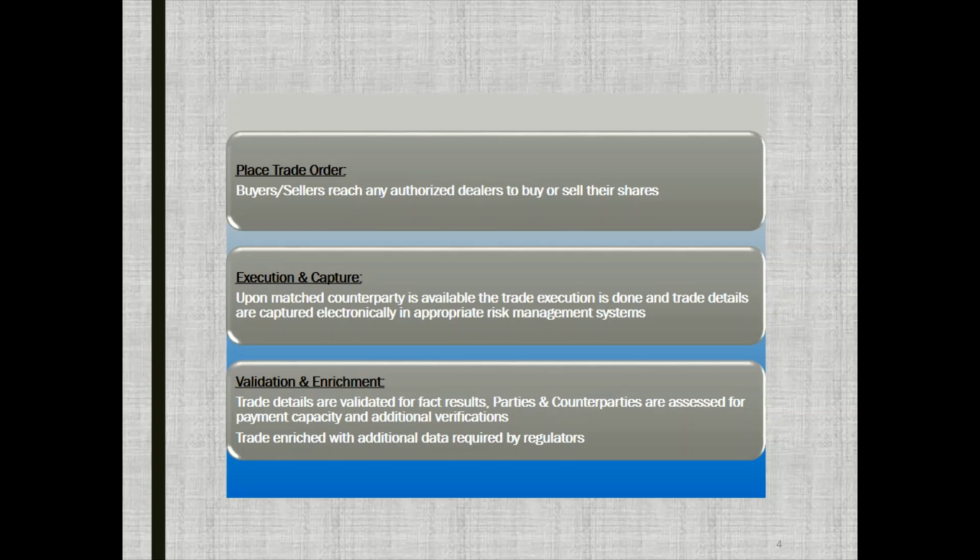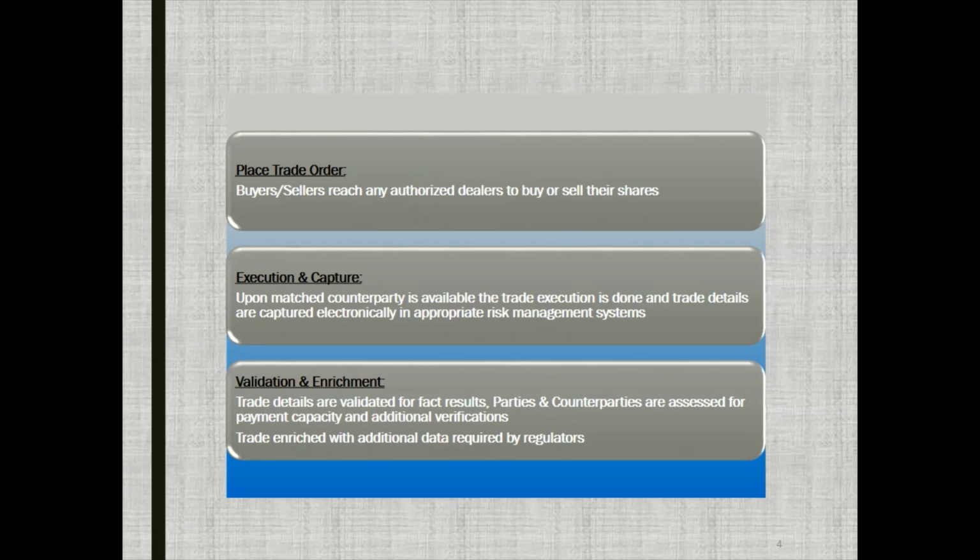So how is that done? The next step is execution and capture. Say I am a buyer, and there is a seller who is matching my trade needs. He'll be my counterparty. To say clearly, he'll be my matched counterparty, and when he or she is identified as a matched counterparty for my trade, the trade execution is done.